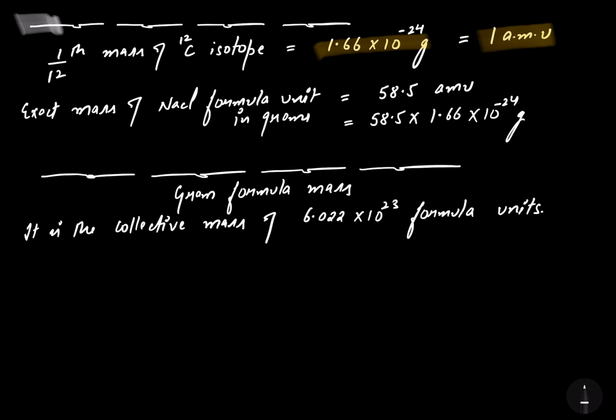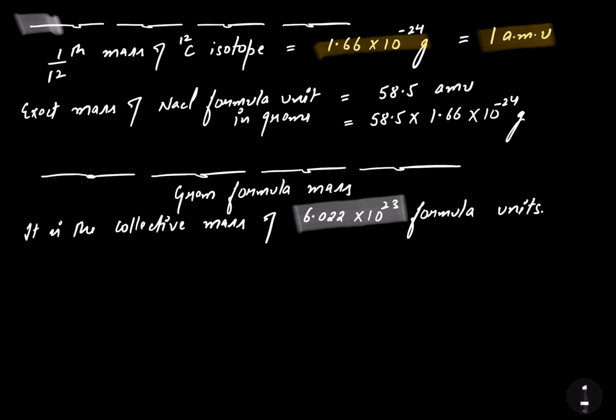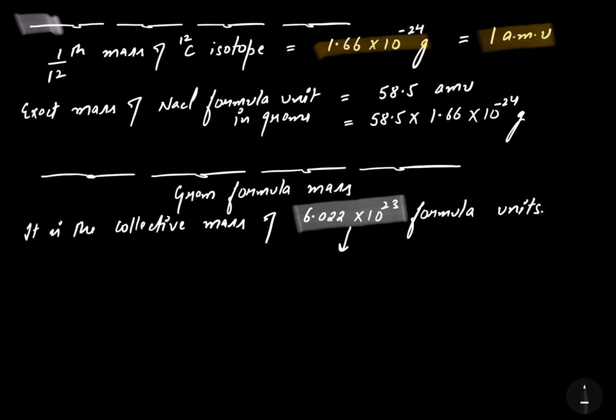So what does this number stand for? This number is called Avogadro's number, again the same thing like the previous lectures. So it is a collective mass of Avogadro's number of formula units, that stands for gram formula mass.